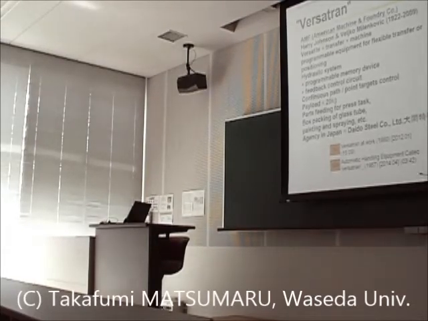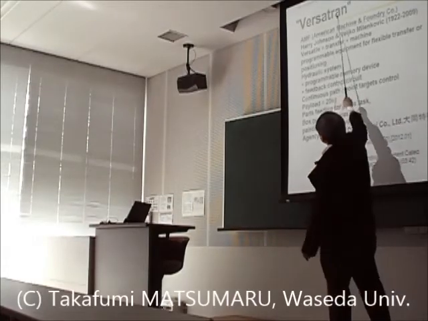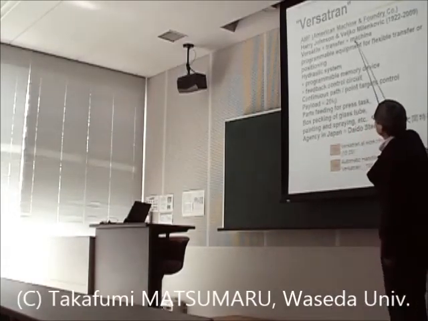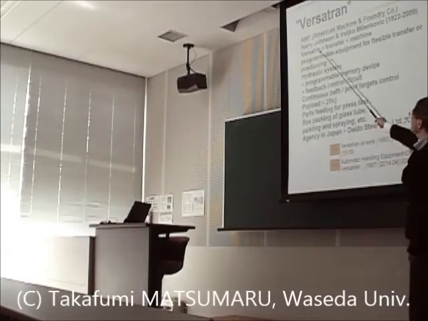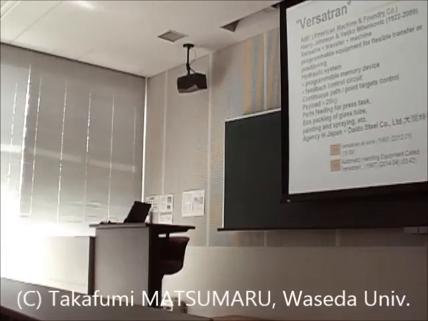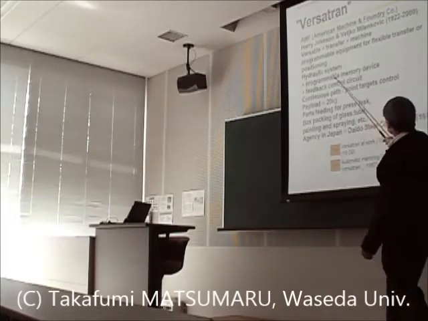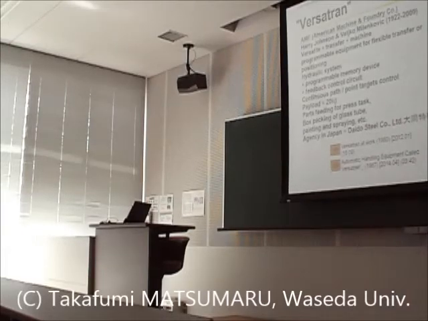This robot is Versatran, meaning versatile transfer machine. Various kinds of work objects can be gripped and transferred anywhere by using this kind of movement. It uses a hydraulic system, so although that is the main body, an oil pressure system is necessary to work.